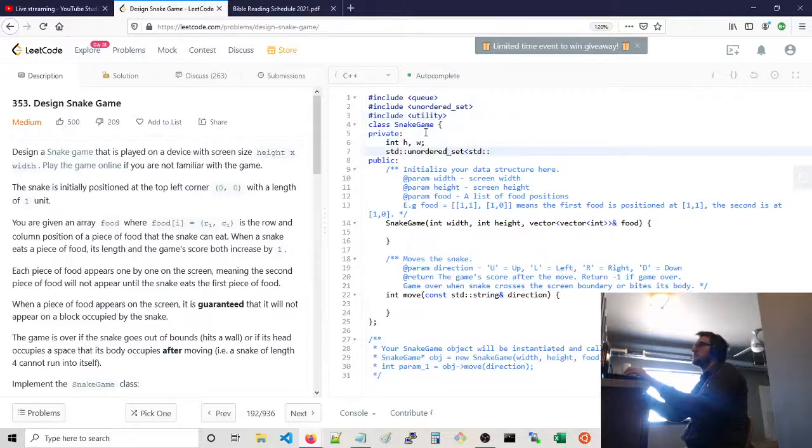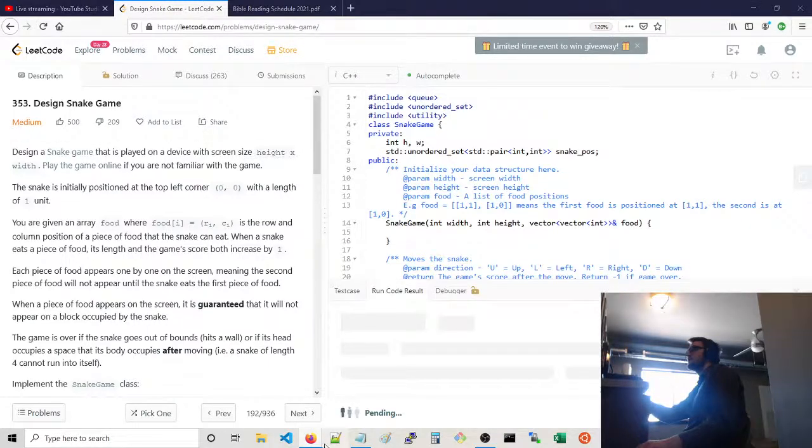I believe you can hash pairs of integers in C++. I'm actually not sure. Snake position. Let's say, can we, does this compile? Let me see something here. Whoops.